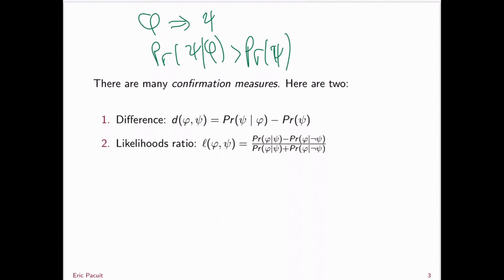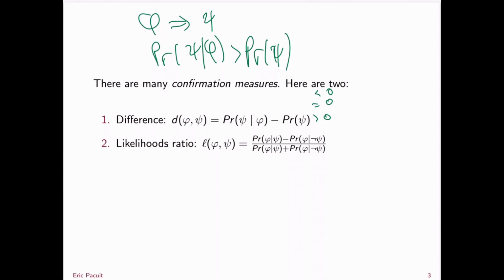So a natural way to measure how relevant phi is to psi is just to look at this difference: the probability of psi given phi minus the probability of psi. If this is greater than 0, then of course phi is positively relevant to psi. If it's equal to 0, then phi and psi are independent. And if it's less than 0, then phi is negatively relevant to psi.